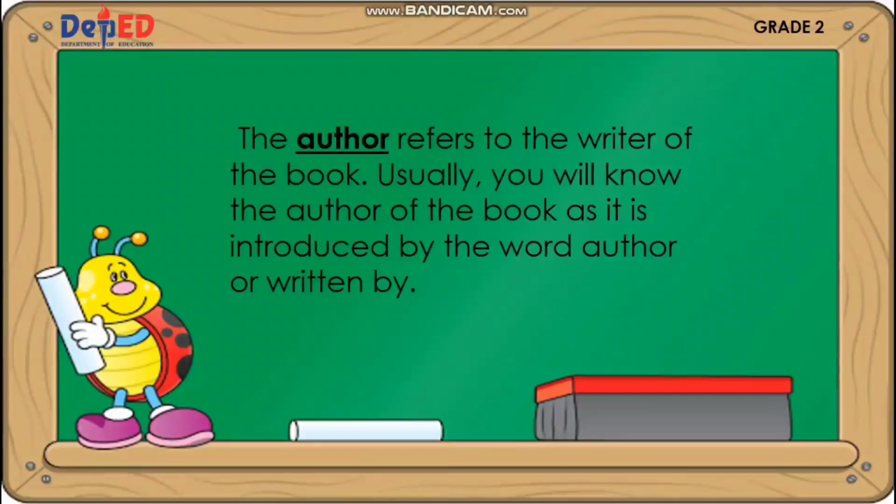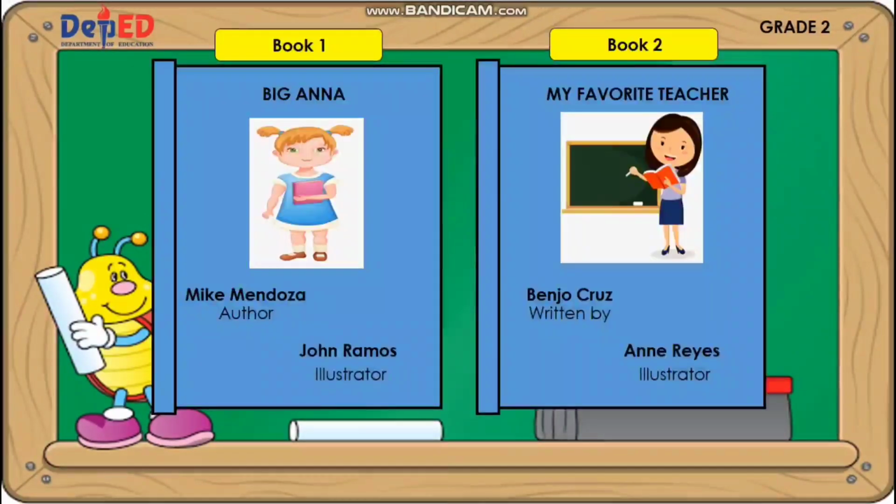The author. The author refers to the writer of the book. Usually, you will know the author of the book as it is introduced by the word author or written by. Again, look at the two samples of book cover. Who is the author in the first book?